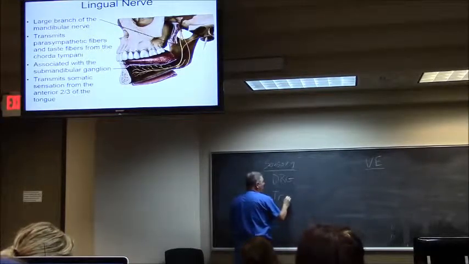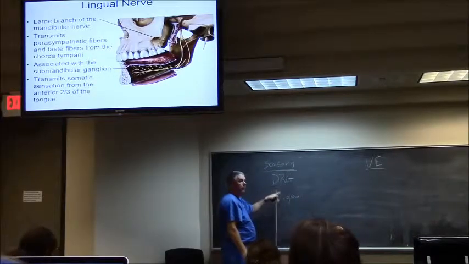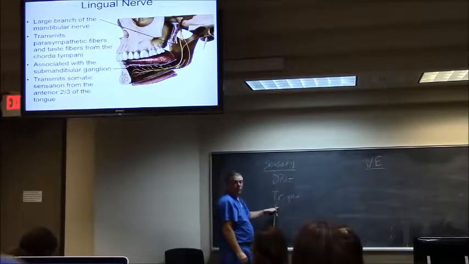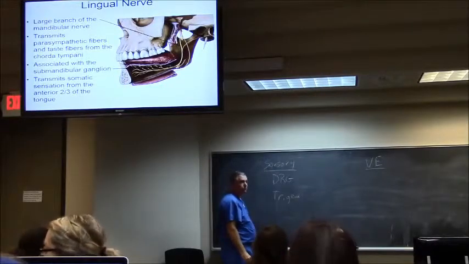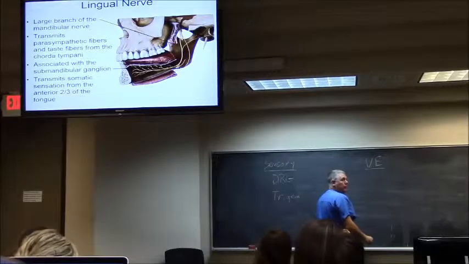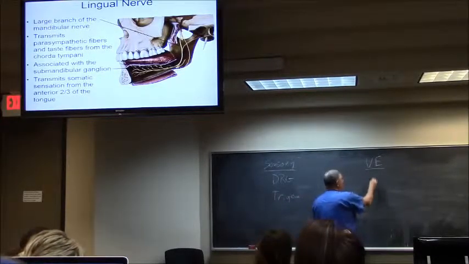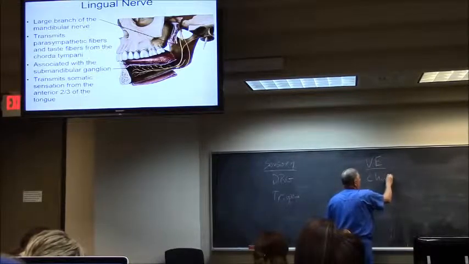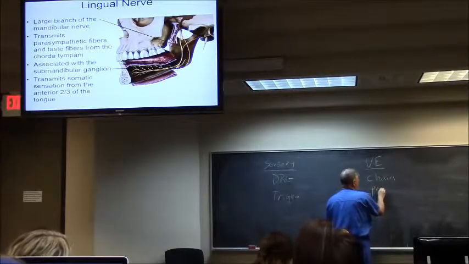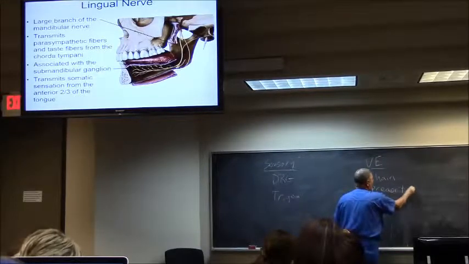The trigeminal ganglion. This is for your body, that's for your face. The visceral efferent ganglia for the sympathetics we know are chain ganglia and pre-aortic, that we're going to see next block.